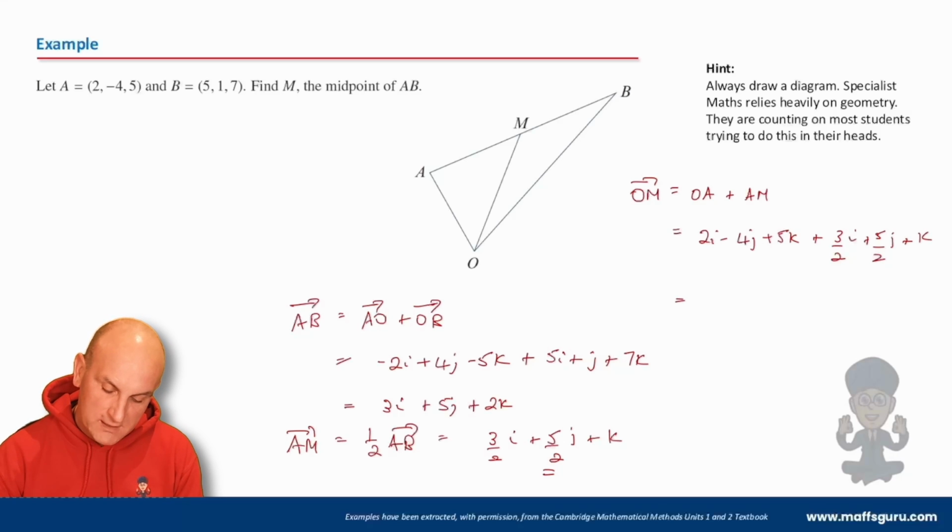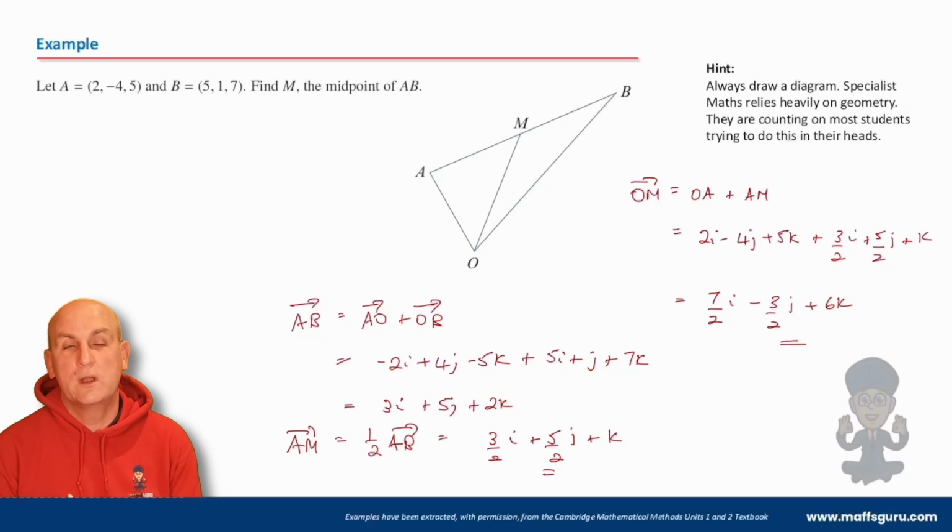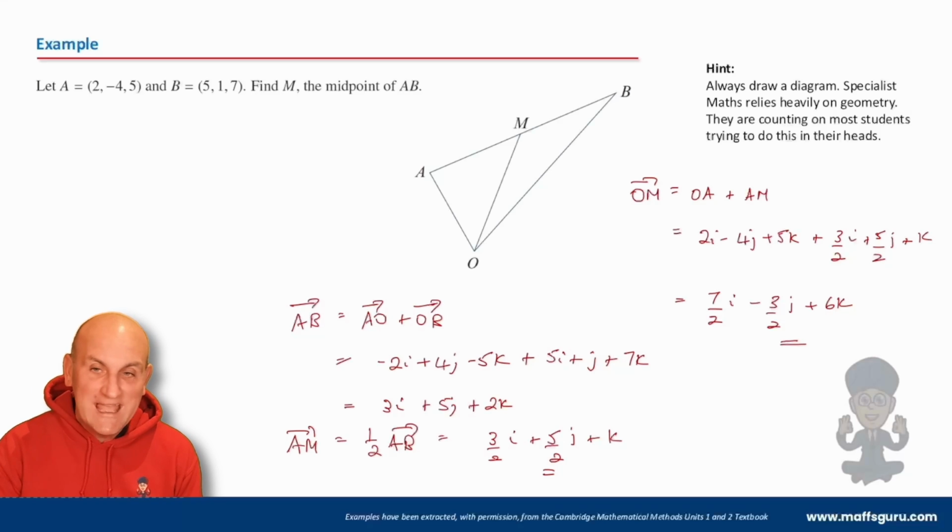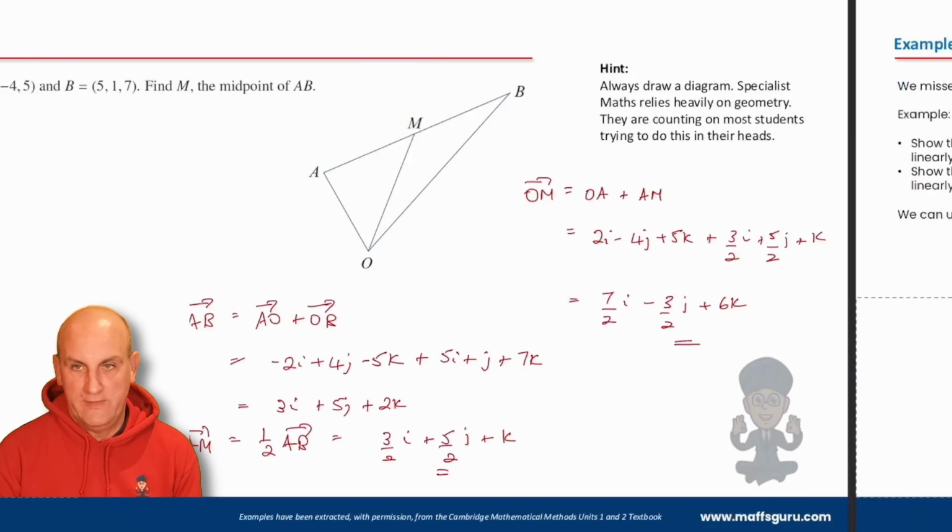Well, that's going to give me 7 on 2 i, minus 4 plus 2.5 is minus 1.5, which is minus 3 on 2 j, plus 6k. Now, I don't know about you, but I know which one I preferred.